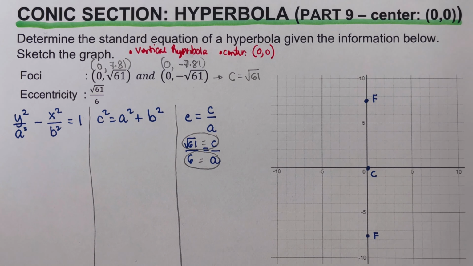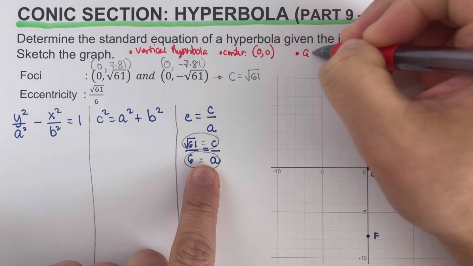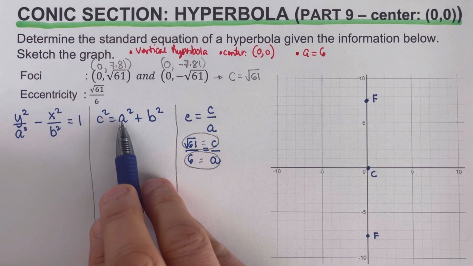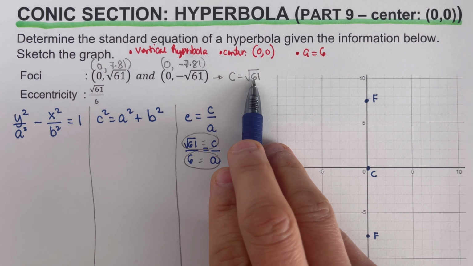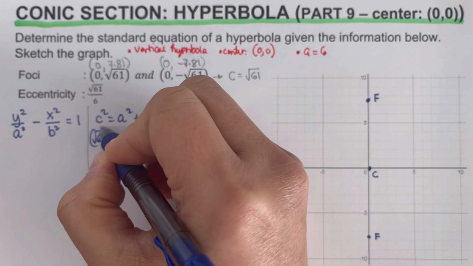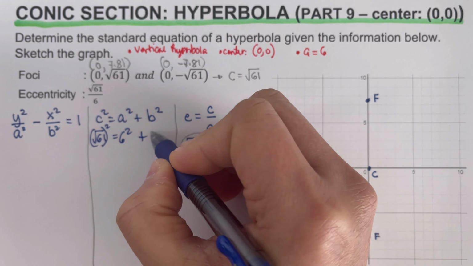So that we go ahead and say that again, our a is 6, and so we plug that 6 in here, and the c, which is square root of 61, so that is square root of 61 squared equals our a, which is 6 squared plus b squared.